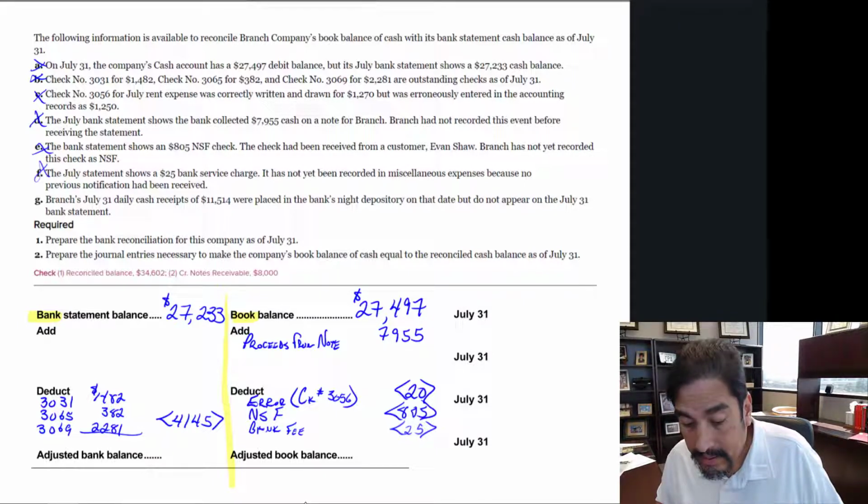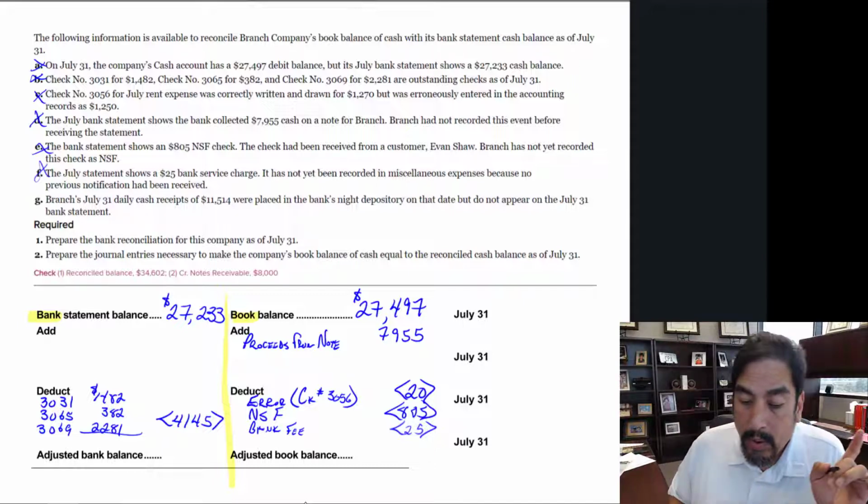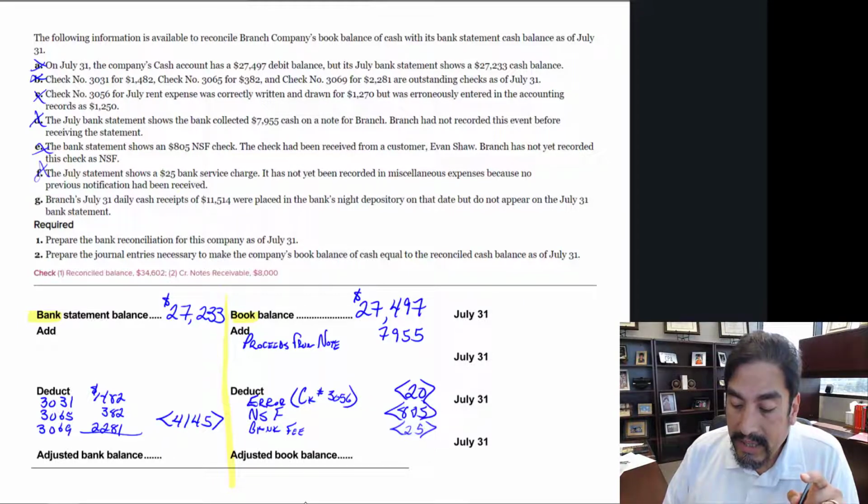And our daily cash receipts of $11,514 placed in the bank's night depository on that date, but they're not on the July 31st statement.